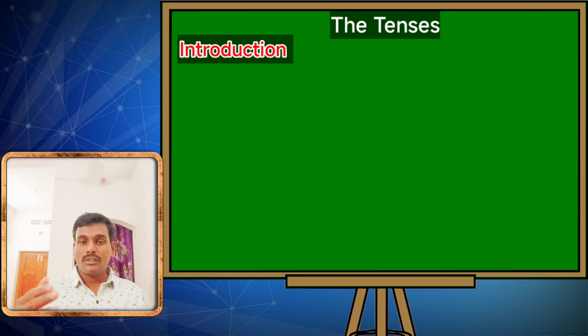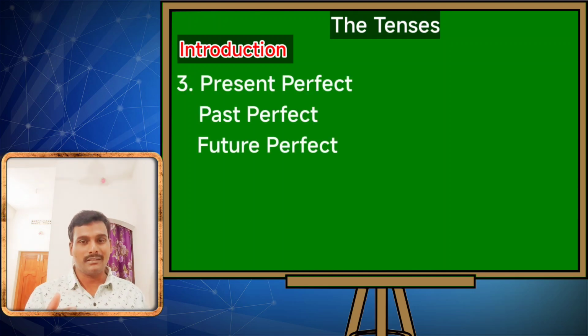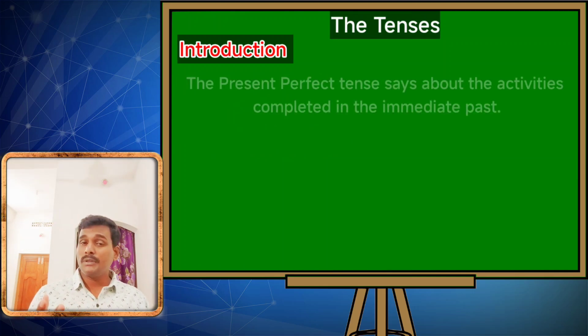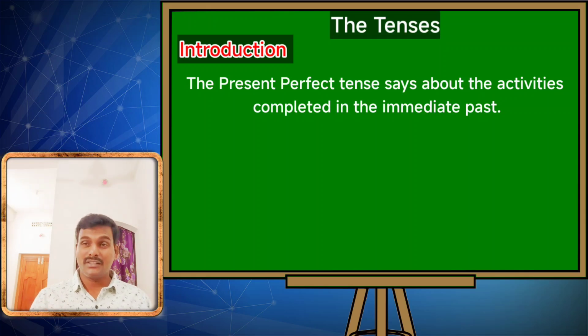Okay. Coming to the third division of the tense is perfect tenses. They are present perfect, past perfect, and the future perfect tenses. The present perfect says about the activities completed in the immediate past. Immediate past means just.